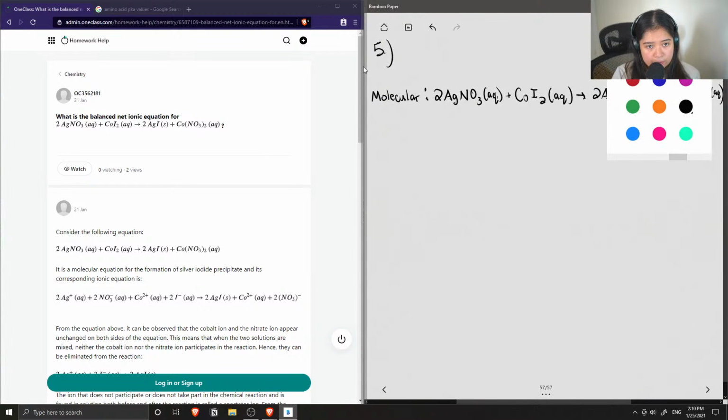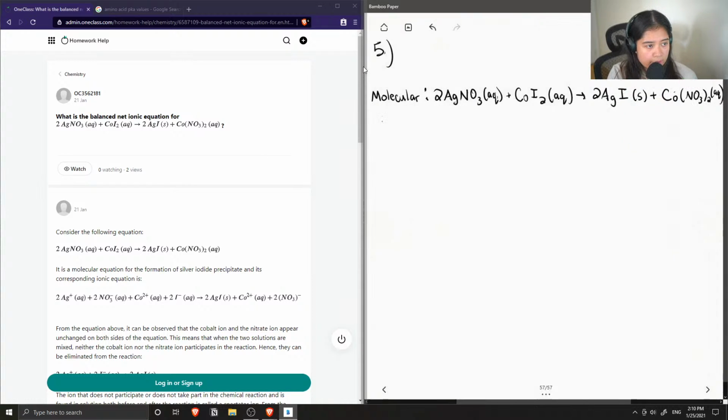So when we want to find the balanced net ionic equation, we first need to write down the total ionic equation for this reaction. Writing out the ionic equation just means we separate everything that's in the aqueous phase into their respective ions.